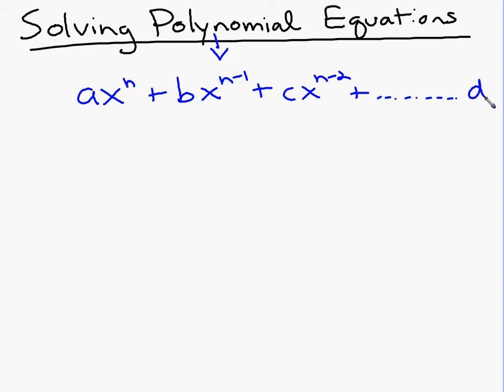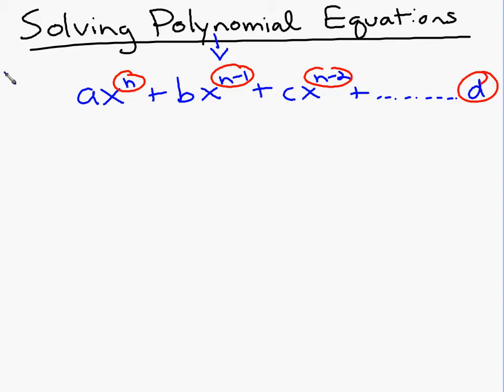d. And I know that looks scary, but if you pay attention to what's going on, what we're talking about is decreasing powers of x all the way down to just a number without an x. That's what we mean by a polynomial.